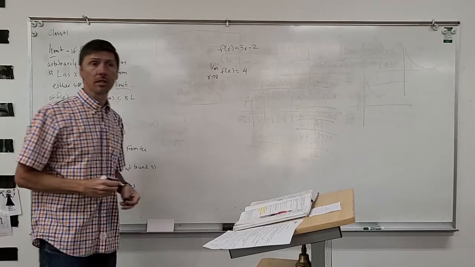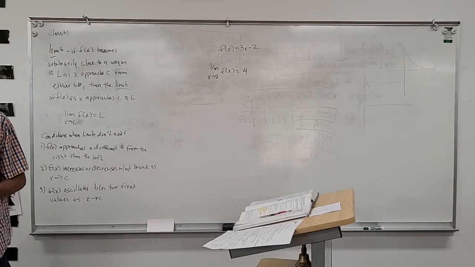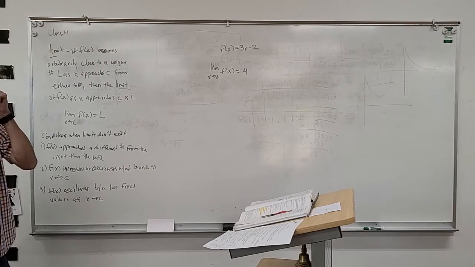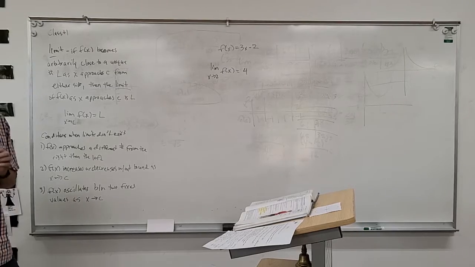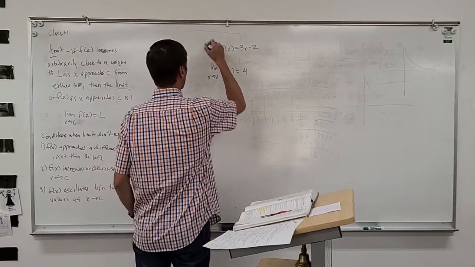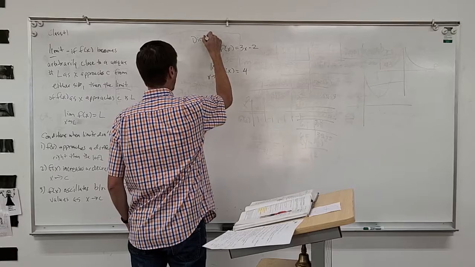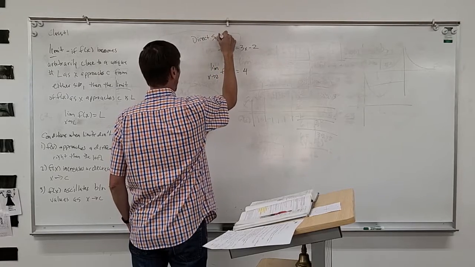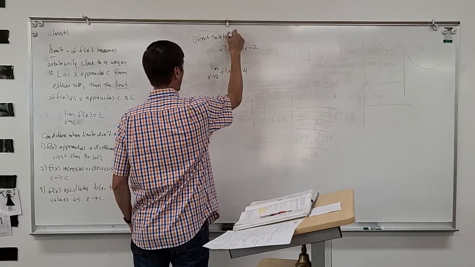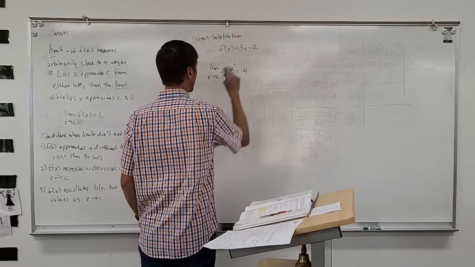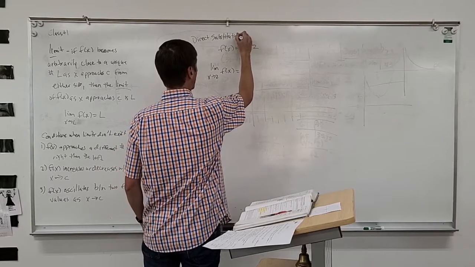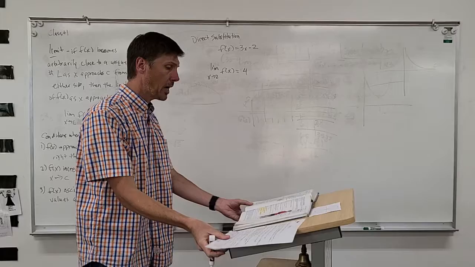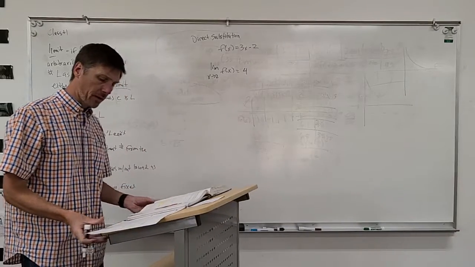So we would say the limit is 4, right? Because the function was defined. So this is what we call direct substitution. We just directly substitute the number in, the c value that x is approaching, right? And so oftentimes we can just find the limit based on that.